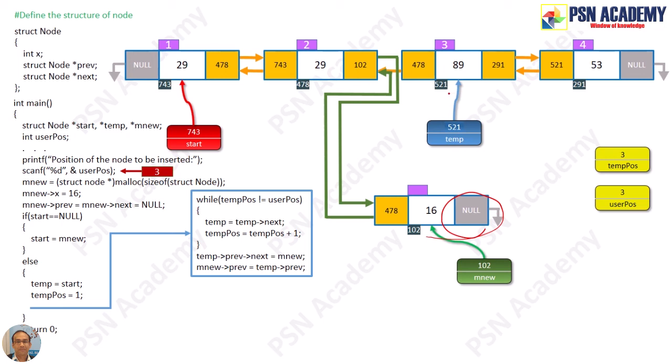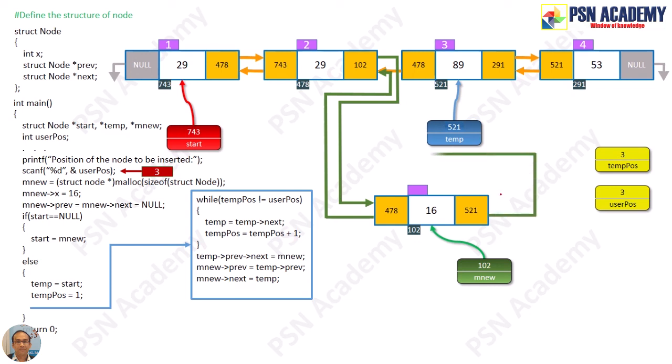Right? So you write mnew next equal to temp. Now temp means 521. So null will be replaced with 521 here and it will start pointing to 521 like this.